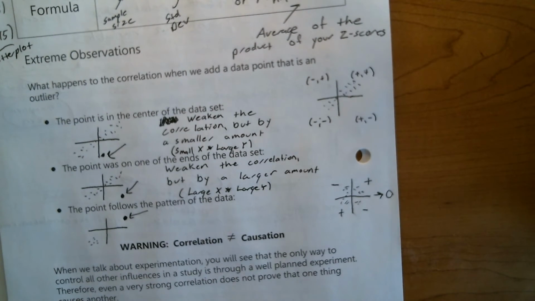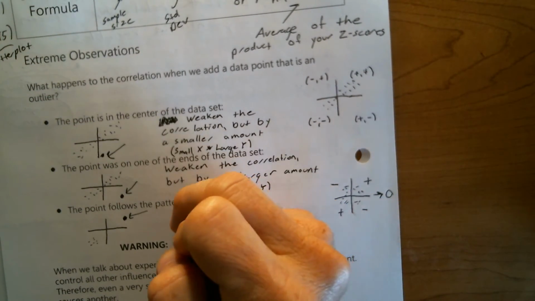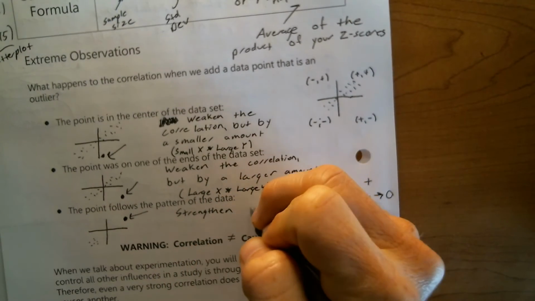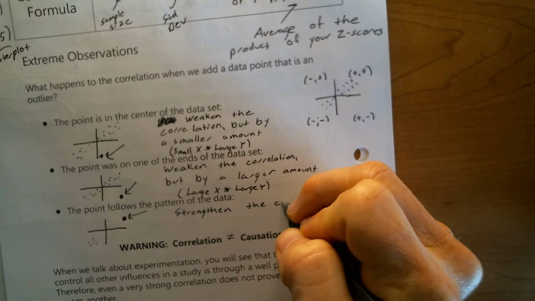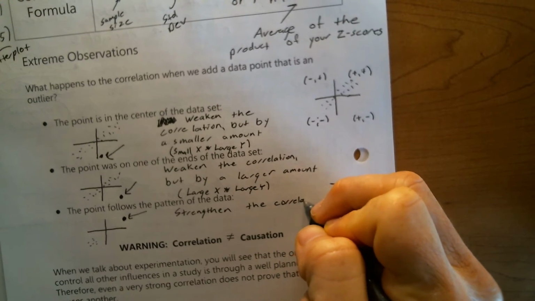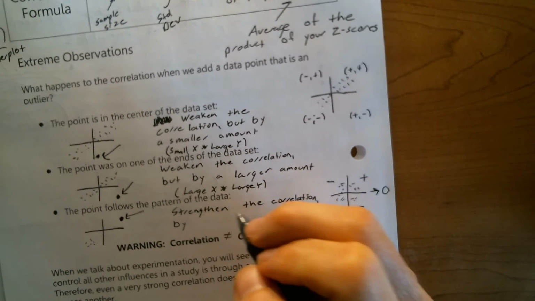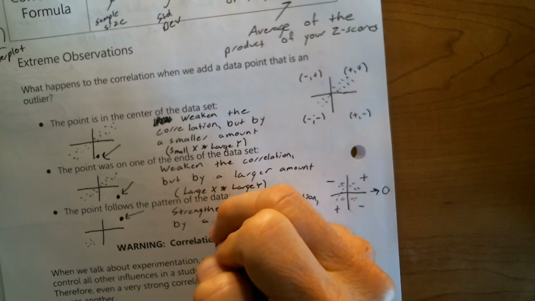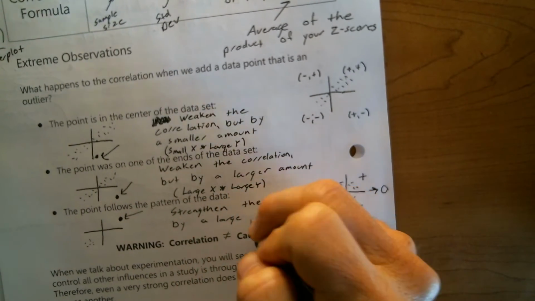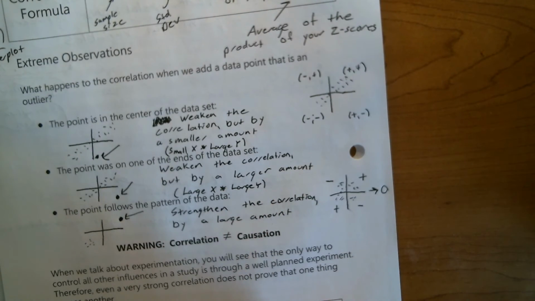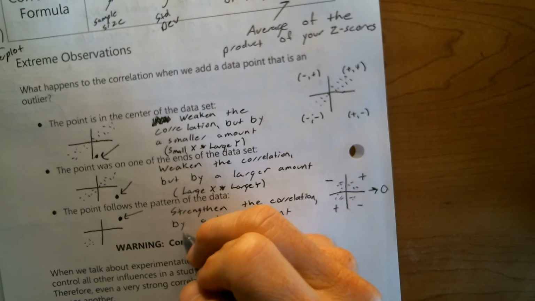This can strengthen the correlation by a large amount. And again, it's because you've got this large X times the large Y.